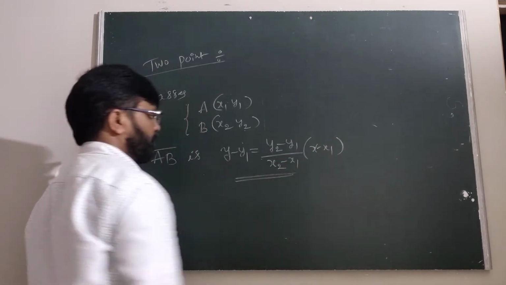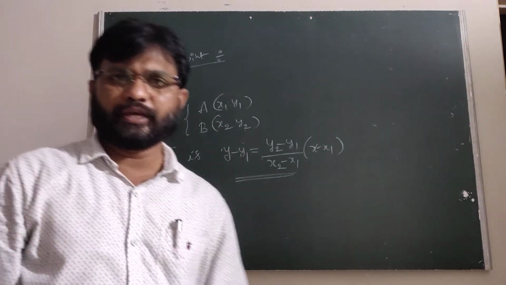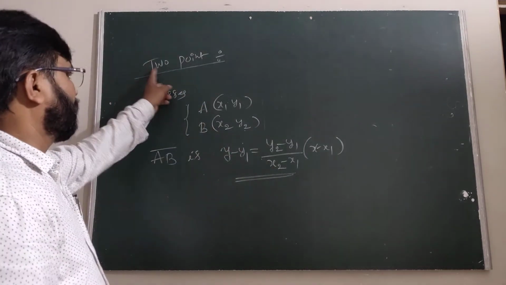This is the equation of the straight line in the two-point form.